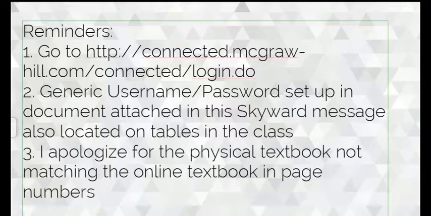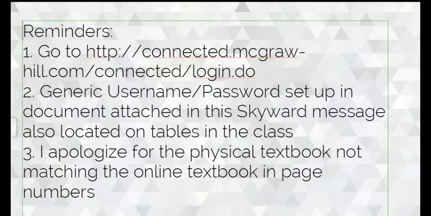All right, and again, a few reminders. You may want to pause this screen so you can write these down or look over these. First, you want to go to connected.mcgraw-hill.com. And that's going to get you to the login site we looked at previously. There are generic usernames and passwords. There are a total of 35, a 7th grade set and a 6th grade set.